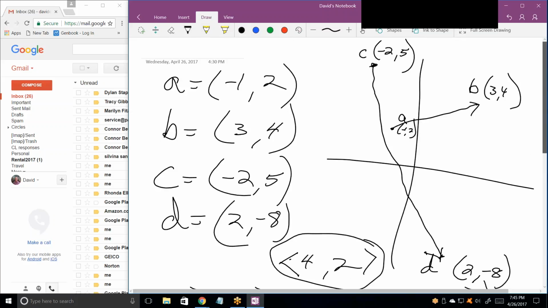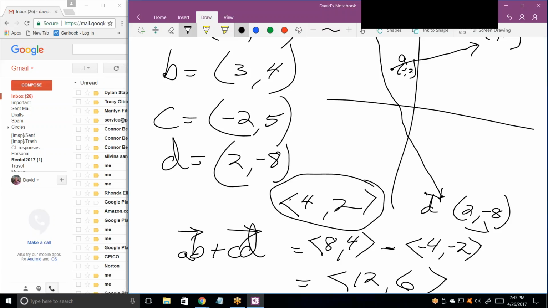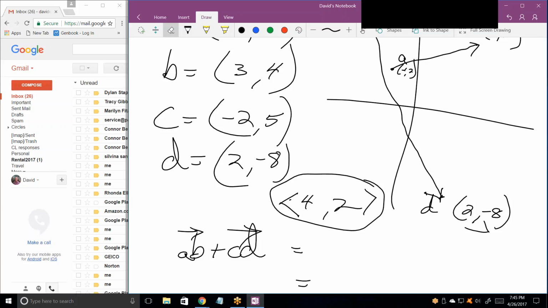Find AB plus CD. All right. That's pretty easy. You got both of them already. Yeah, I think once you get the hang of these, the direction matters, as we saw. If you go the opposite direction, the numbers are opposite. All right, AB is 4 comma 2 plus, what was CD?